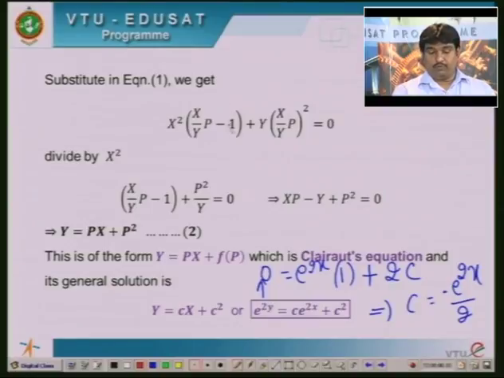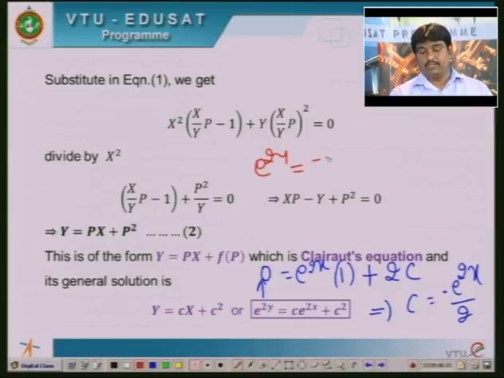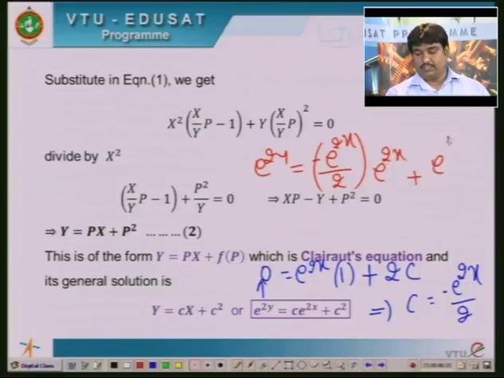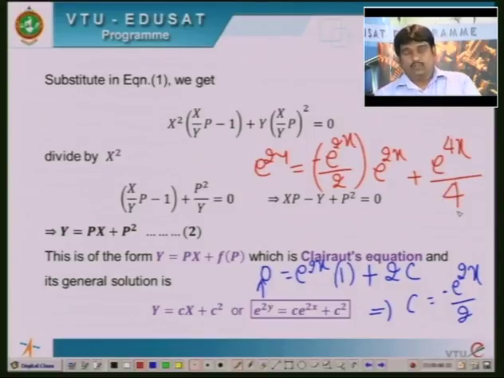So e to the power of 2y equals to c. c is minus e to the power of 2x divided by 2 into e to the power of 2x plus c square, which is e to the power of 4x divided by 4. If you want, you can simplify this.